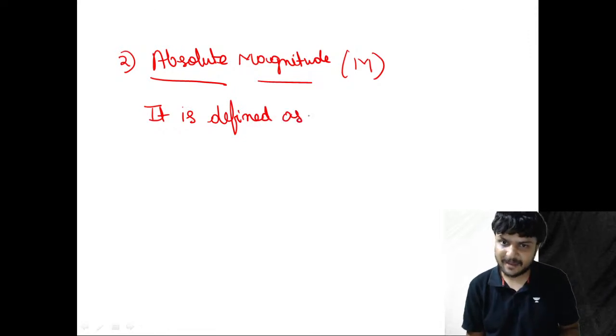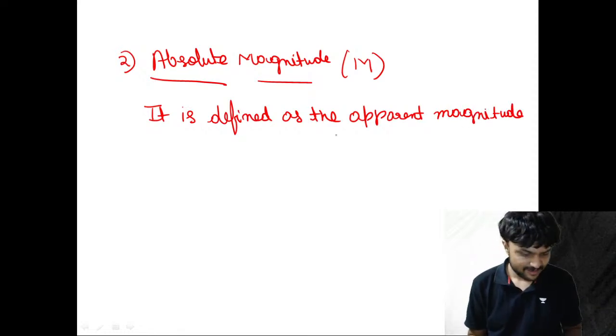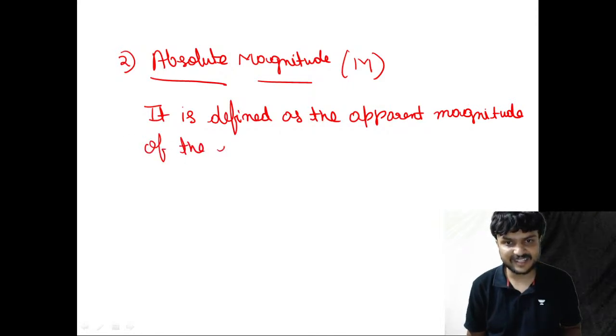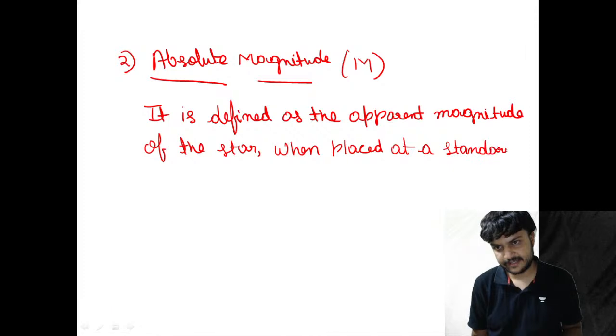It is defined as the apparent magnitude of the star when placed at a standard distance of 10 parsecs.